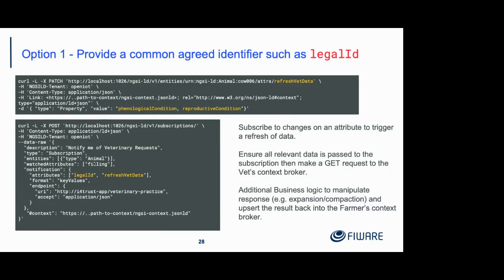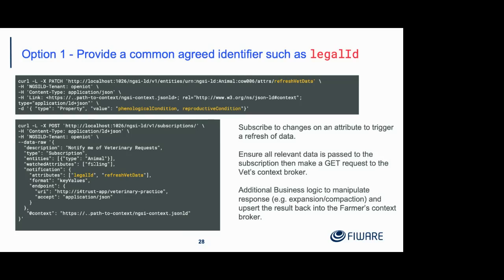Got that wrong. And then I would retrieve back into my subscription notification a payload which consists of the legal ID of the cow and whatever I put into refresh vet data.